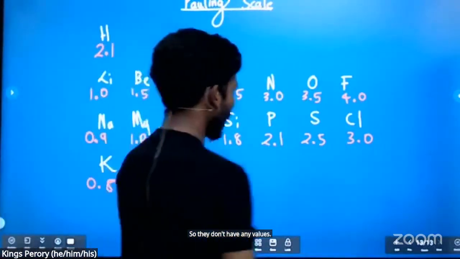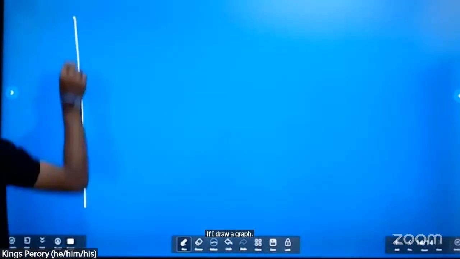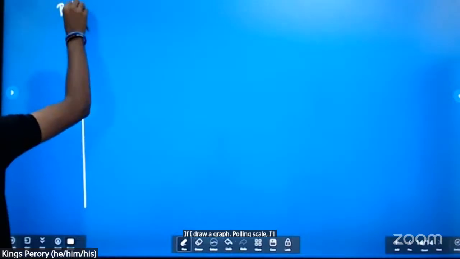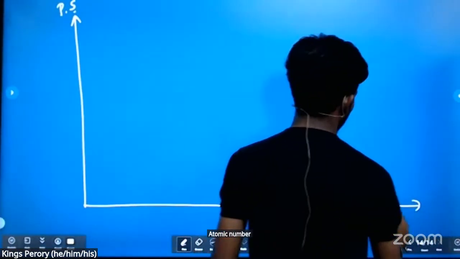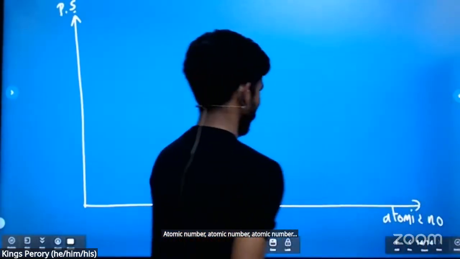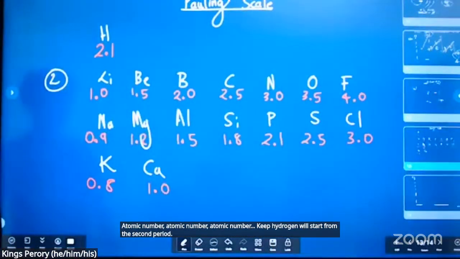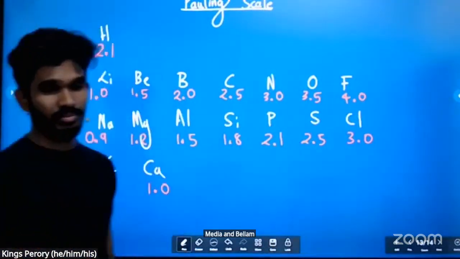If I draw a graph, Pauling scale, I'll just write it in short. Atomic number. Keep hydrogen aside, we will start from the second period. Lithium, beryllium, boron, carbon, nitrogen, oxygen. What can you tell?